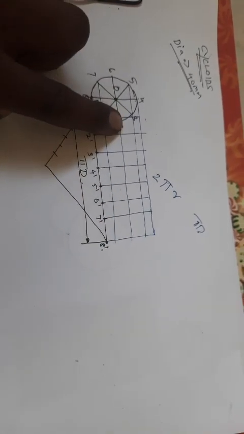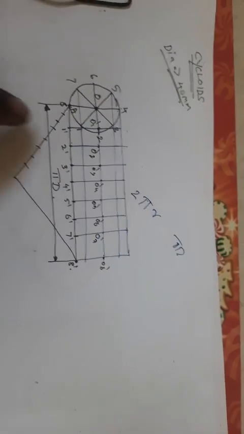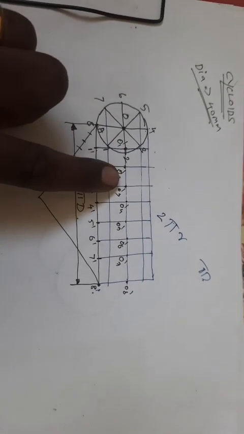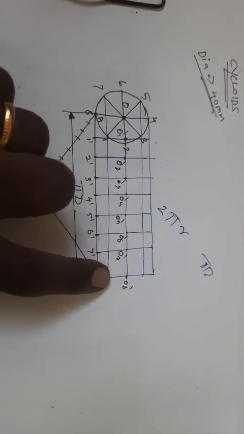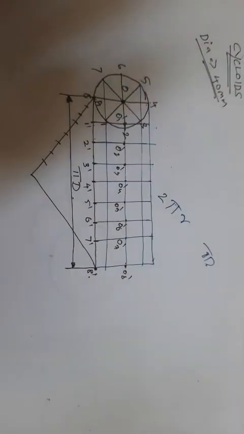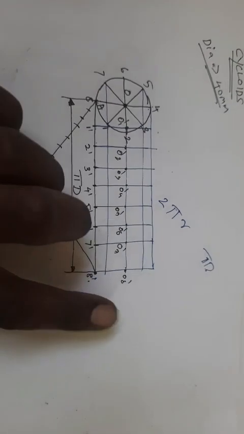The center line points, name them O1, O2, O3, O4, O5, O6, O7, O8, or O1 dash, O2 dash, that's up to you. You can name them anything.